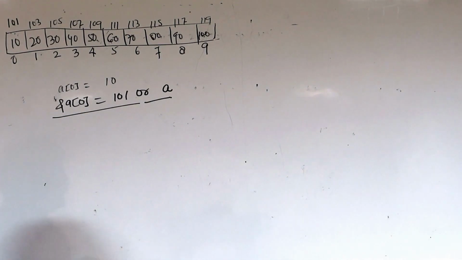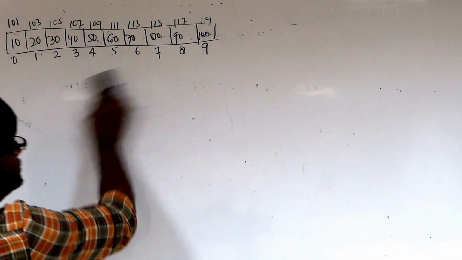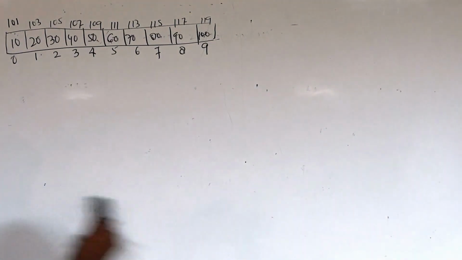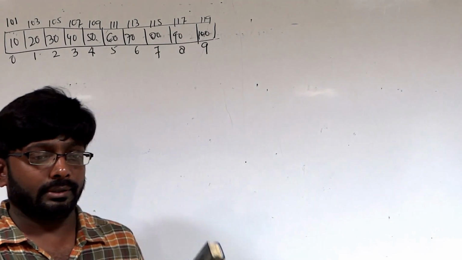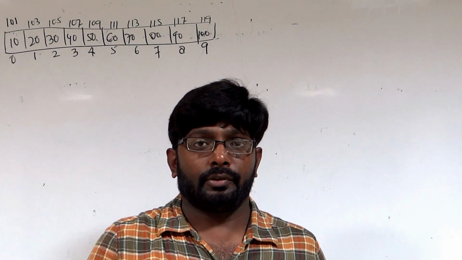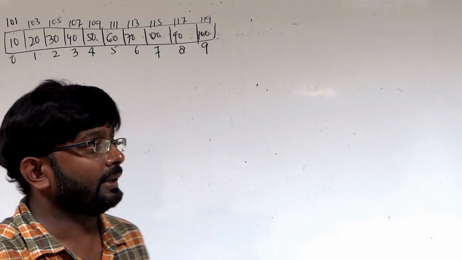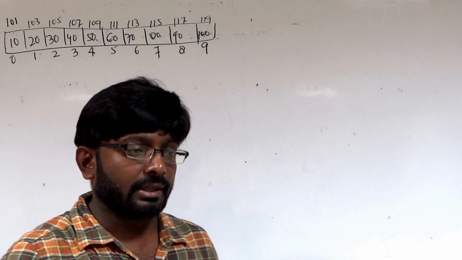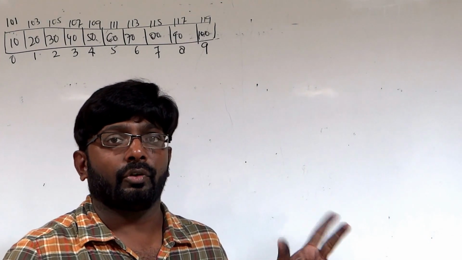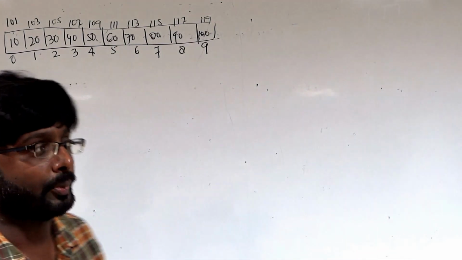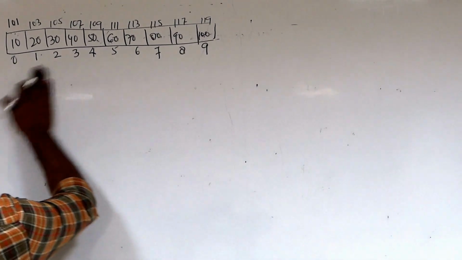So we try to understand with the help of a pointer program. I'll write a program in which we'll pass the array to a function, and there we'll calculate the sum of all the numbers with the help of a pointer. So we have a function, say int add.